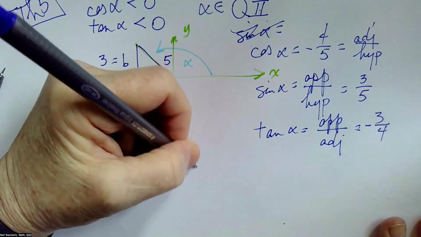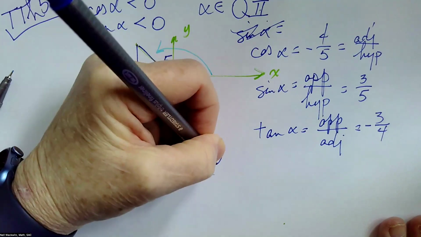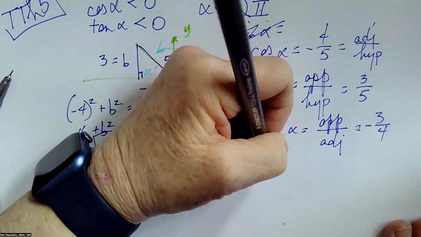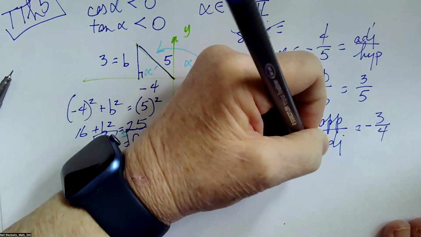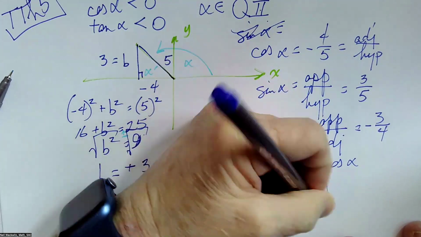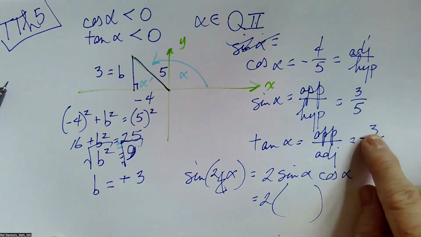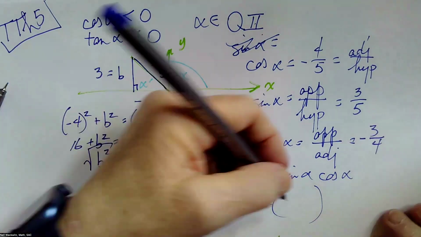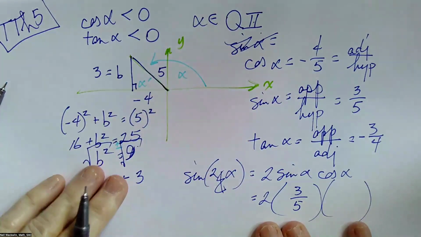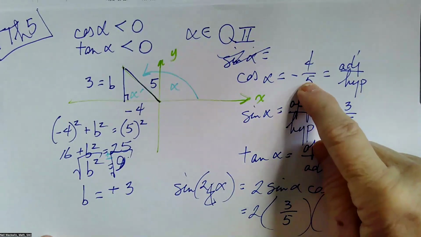So let's see. We know that sine of 2 alpha is 2 times sine alpha cosine alpha. We just said that the sine of alpha is 3/5, and that the cosine of alpha is -4/5.